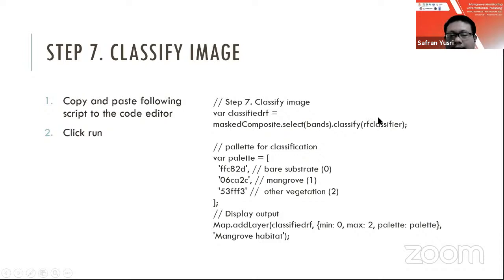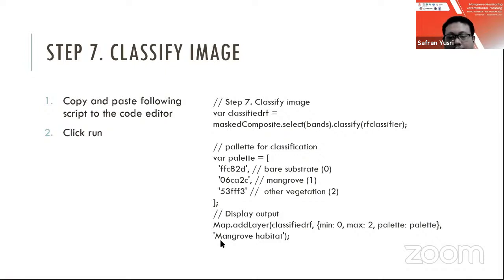Okay. Afterwards, we create the palette for classification, where this value is for bare substrate, this value is for mangrove, and this value is for other vegetation. And then we display the output of the classified image using the visualization parameter and give it a label of mangrove habitat. This is generally how you classify an image in Google Earth Engine.